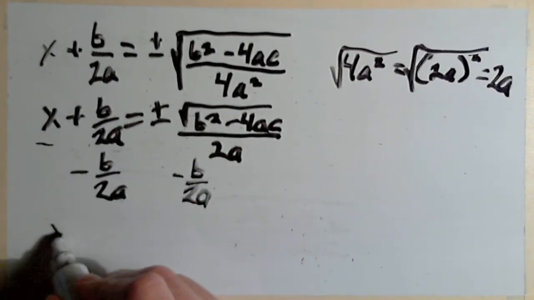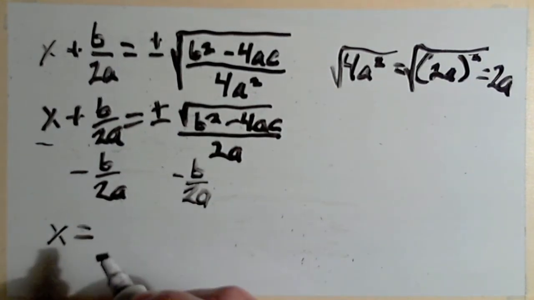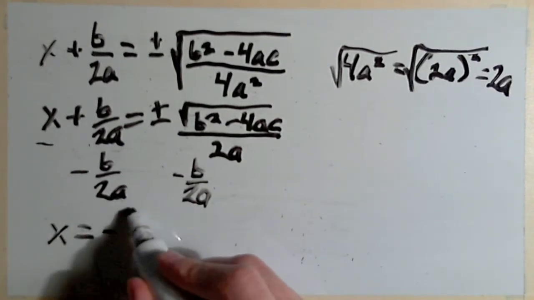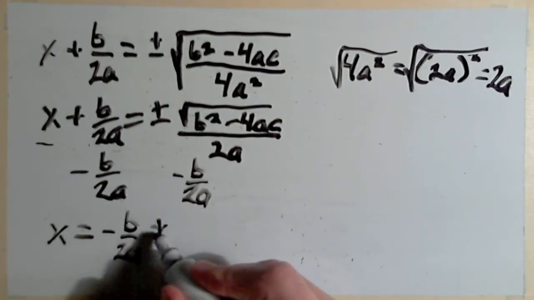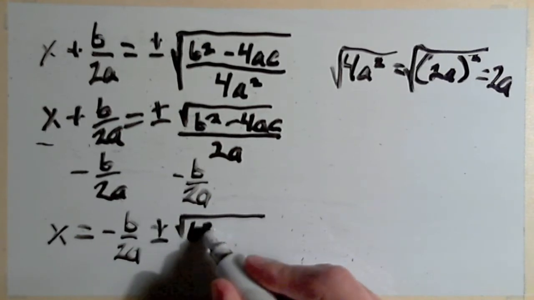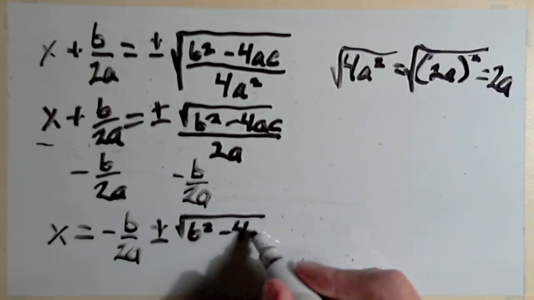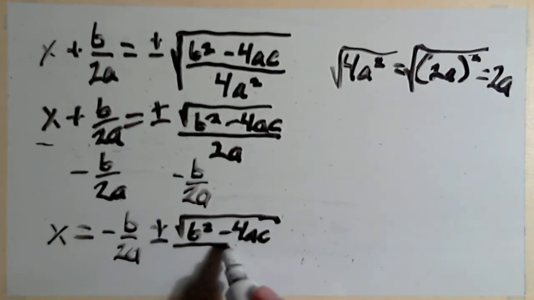Now we're left with x by itself is equal to negative b over 2a plus or minus the square root of b squared minus 4ac over 2a.